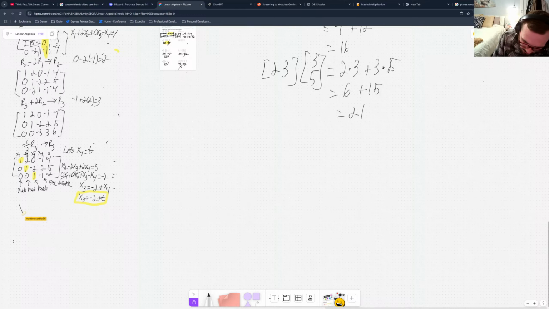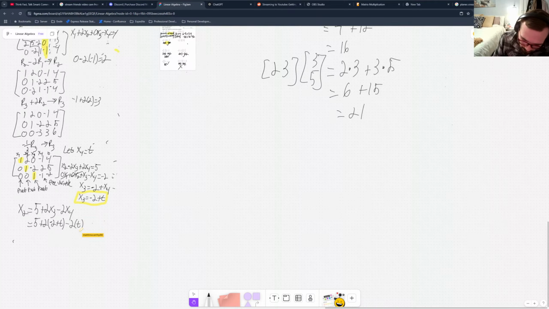So x2 equals 5 plus 2x3, adding it to both sides, minus 2x4. And then we're going to plug it in. So we have 5 plus 2 times negative 2 plus t, minus 2 times t.